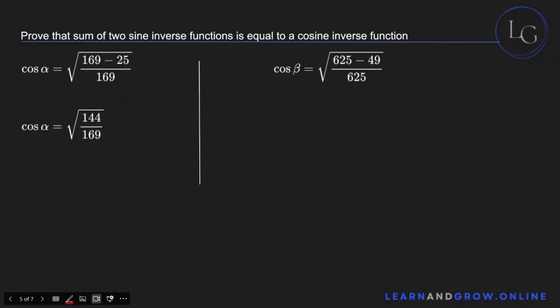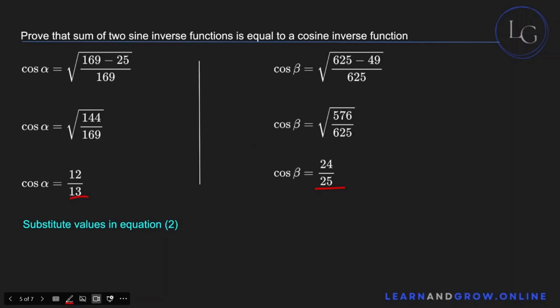So cosine alpha is equal to the square root of 144 by 169, and cosine beta is equal to the square root of 576 by 625. So you get these values respectively, and now replace them in cosine alpha plus beta, right?